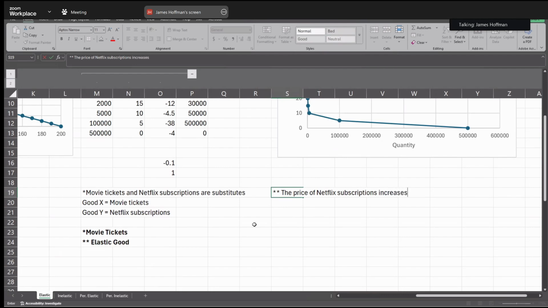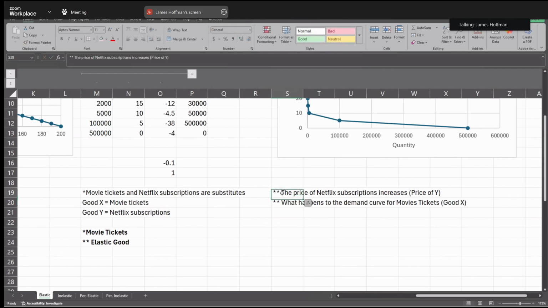So that's good Y, or I guess it's the price of good Y. Okay. So then the question is, what happened to the demand curve for movie tickets, which is good X.